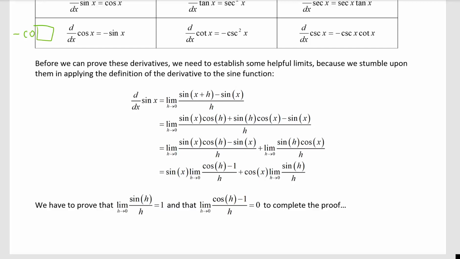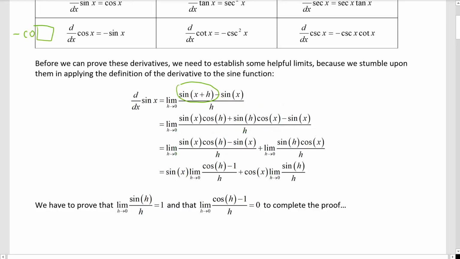What is sine of (x plus h)? Well, we have the formula: sine x cosine h plus sine h cosine x. Now you can see this term and this term both contain the factor of sine x, so let me group them together, and then we split the other term and put it there.